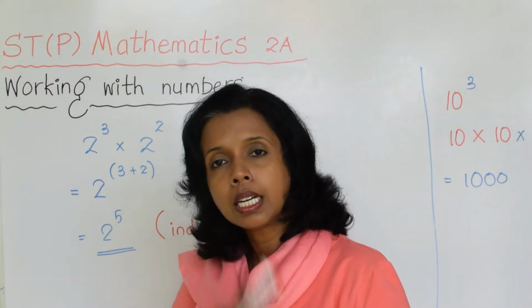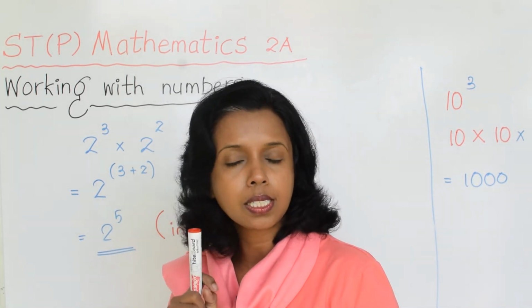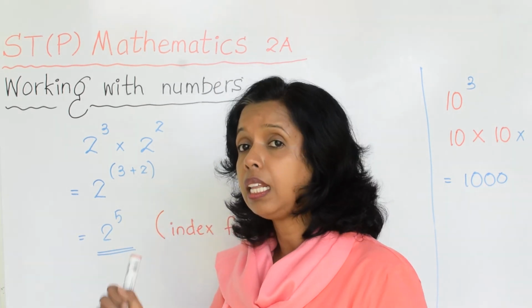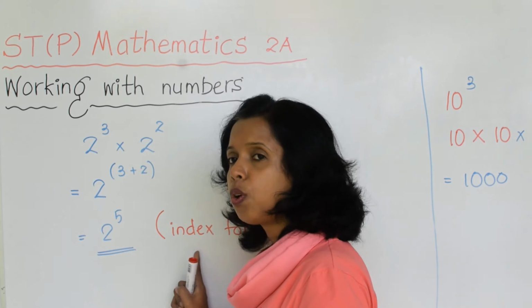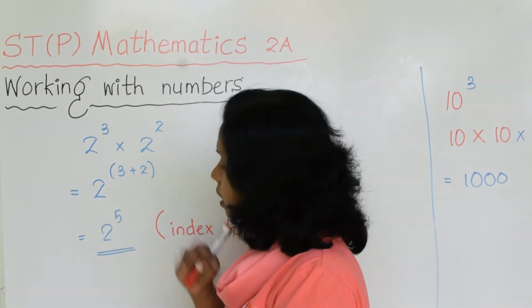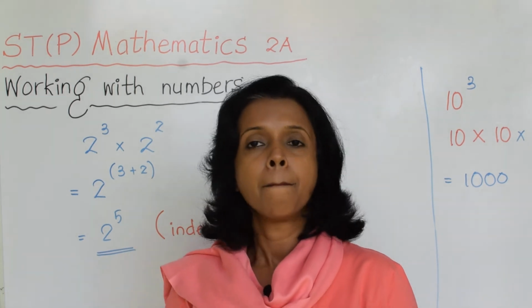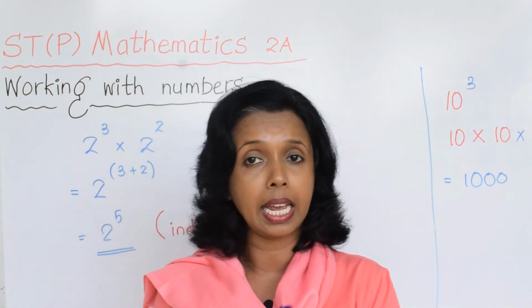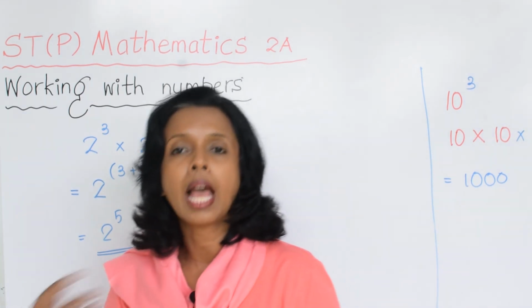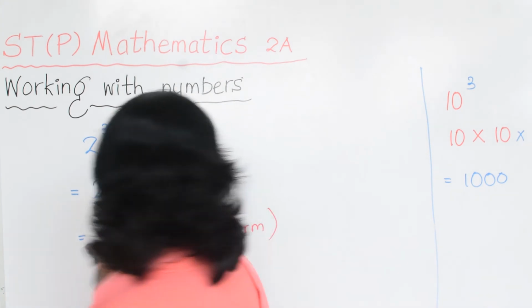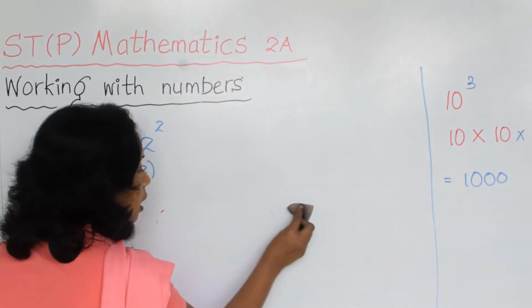Why? Try to understand this carefully, children. Earlier the question was to find the value in index form, or else to find the answer in index form. So this is the answer in index form. But if the question itself says find the value, then you can't keep it like this.